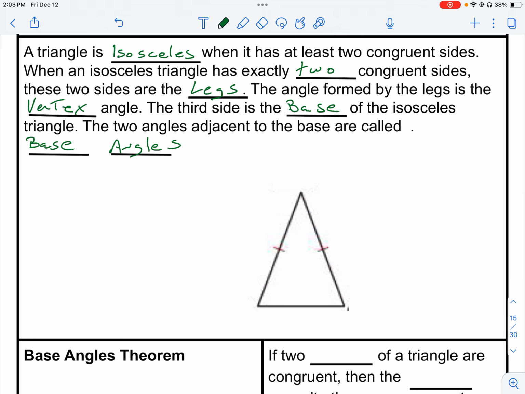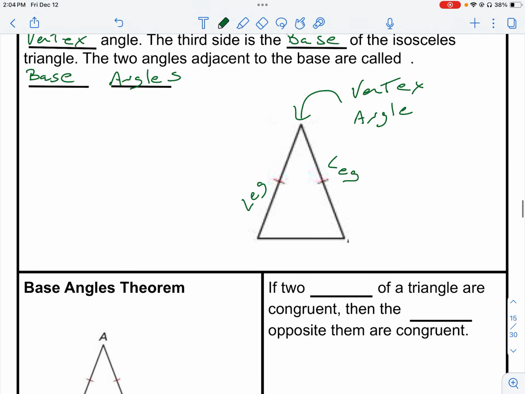So what does that look like? It looks like, so this is a leg, this is a leg, they're the congruent sides. The angle formed by the legs is the vertex angle. This side down here is the base.